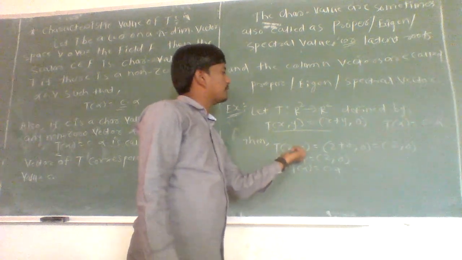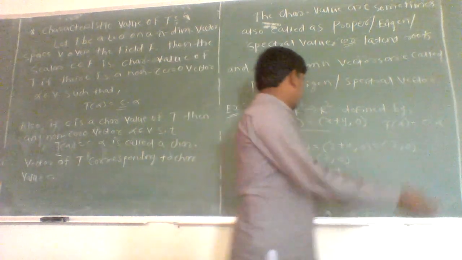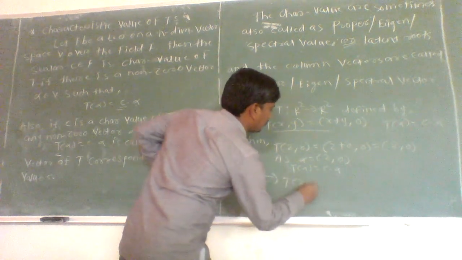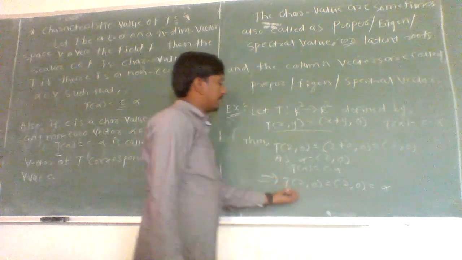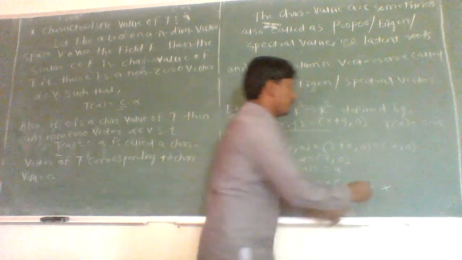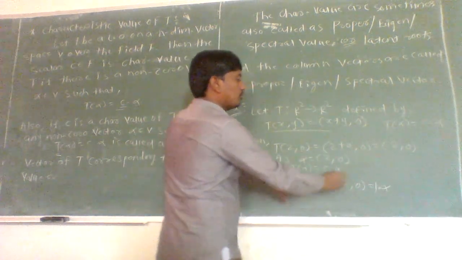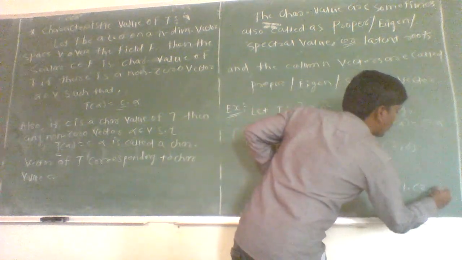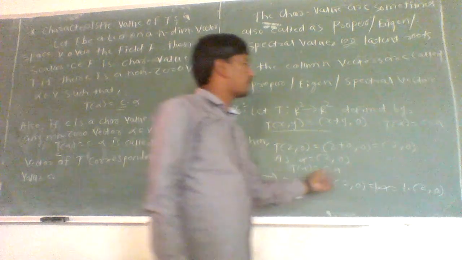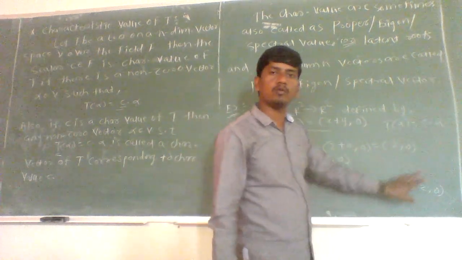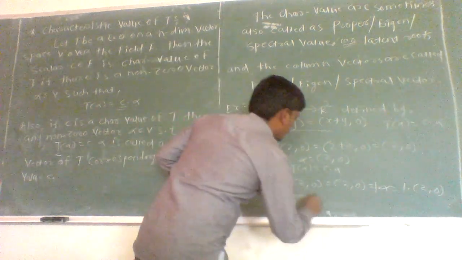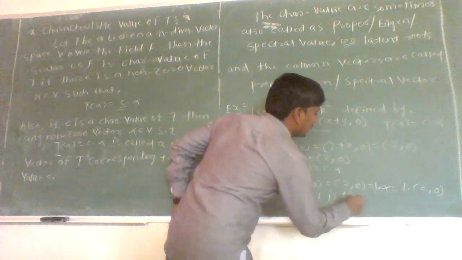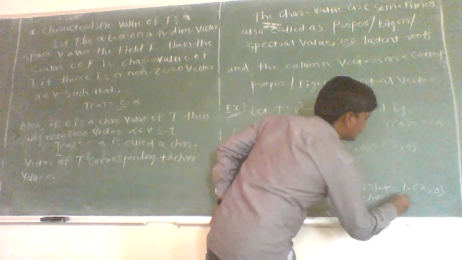T of alpha, that is T of (2, 0), is equal to (2, 0), which is nothing but alpha. So T of alpha is equal to 1 into alpha. Therefore C is equal to 1, which implies that 1 is the characteristic value of T.